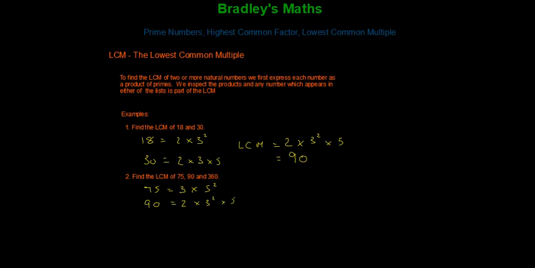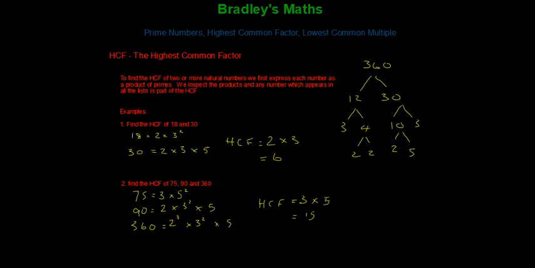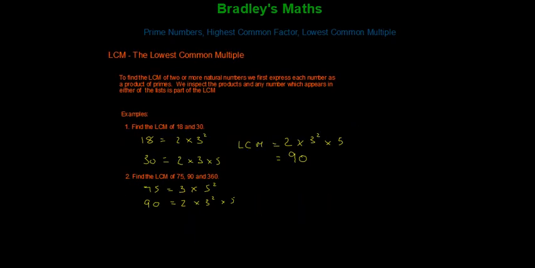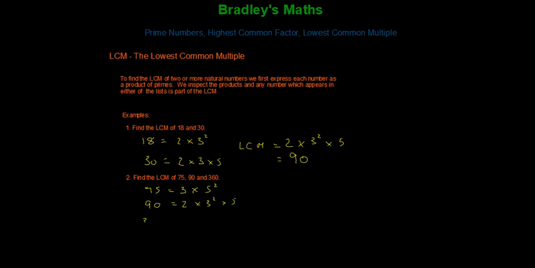And 360 is 2 cubed times 3 squared times 5.